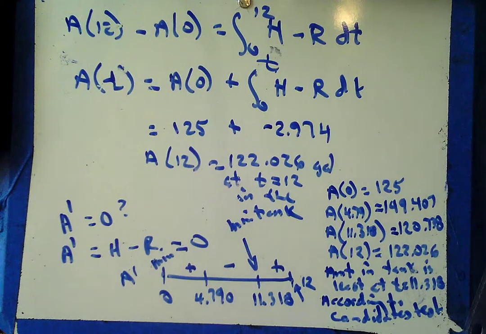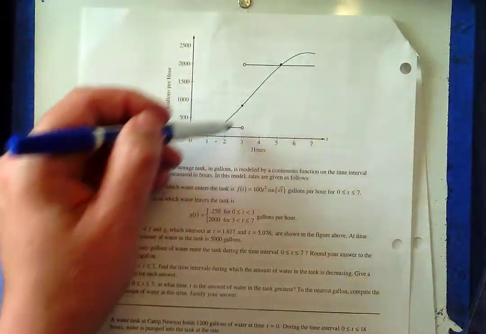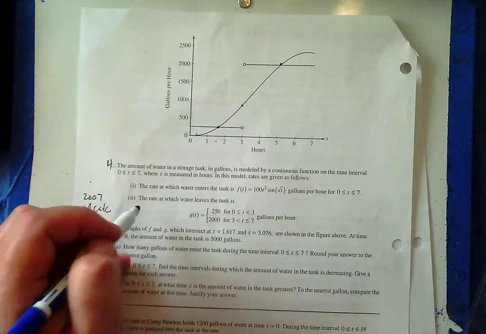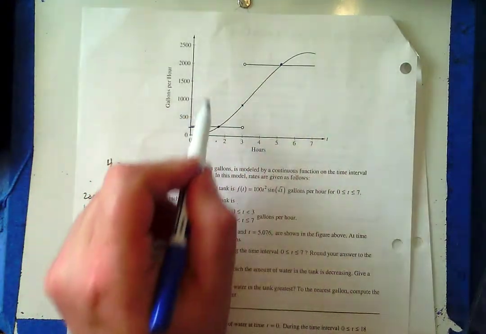Okay, that was problem number 3. Let's take a look at problem number 4. Problem number 4 has for us a graph to look at of two functions. We've got a rate in function, this curvy thing, f, and we've got a rate out function, that's this piecewise linear thing.